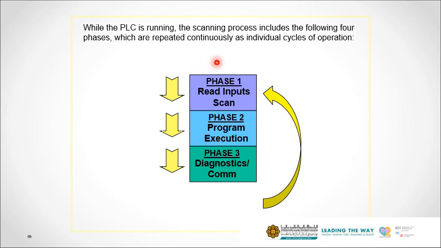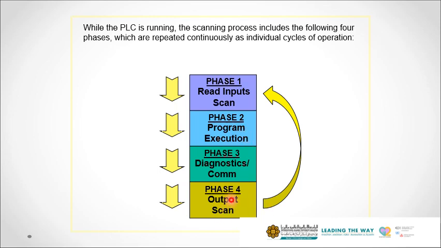The input and output are related to your outside world, while these two are related to your inside. So this outside world information will be taken into consideration and the program will be executed. Then it will do some internal communication and diagnostics to check that your system is working fine. Then it will again communicate with the outside world through the output module. So it will change all the output. Whatever is input, based on the logic evaluation, it will do the output update.